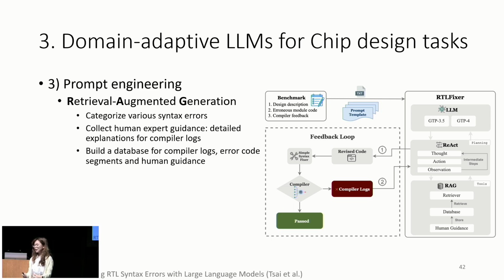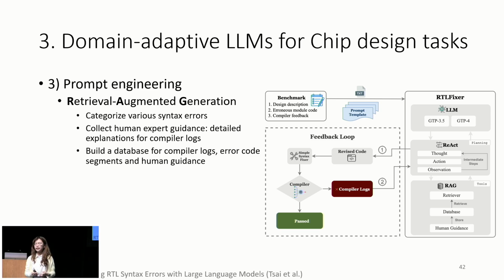One example here is the RTL fixer. Given the generated code or given code pieces, I want the model to debug for me. It also uses a similar feedback loop, but what I want to emphasize here is how it comes up with this RAG.